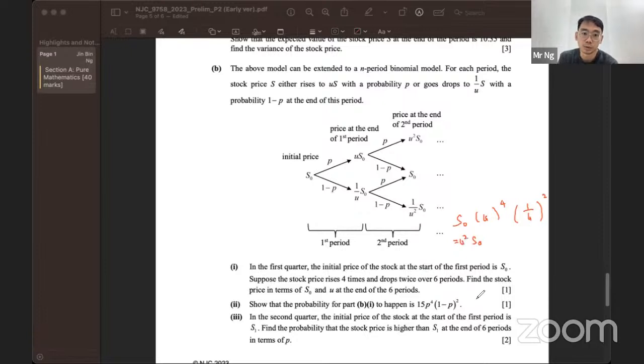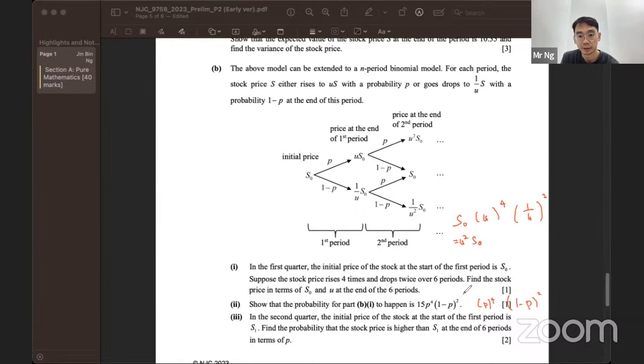Show that the probability of the price is this thing to the power 4, then after that, this thing to the power 2.